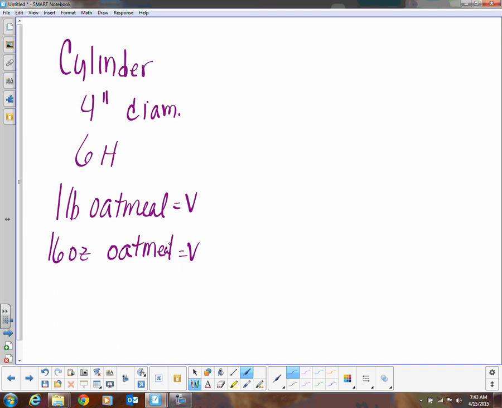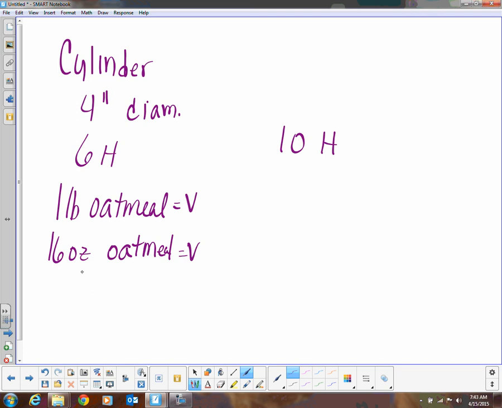Let's see, how much oatmeal will a similar 10-inch high cylinder hold? So, what information is not necessary? I don't think the diameter is important. Ounces is a liquid measure, correct?